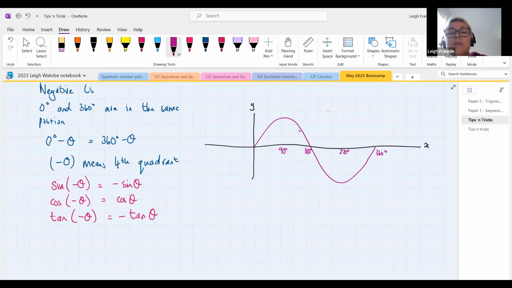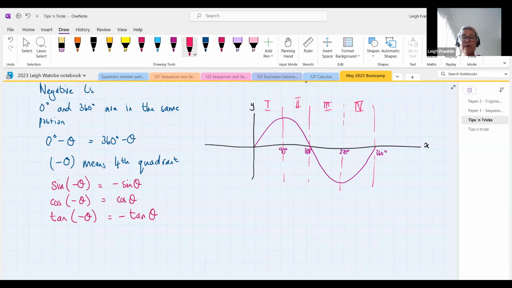And we've got 360 over here. So the other way that you can look at it is that over here, this is quadrant number 1. Over here, this is quadrant number 2. Over here, this is quadrant number 3. Over here, this is quadrant number 4.